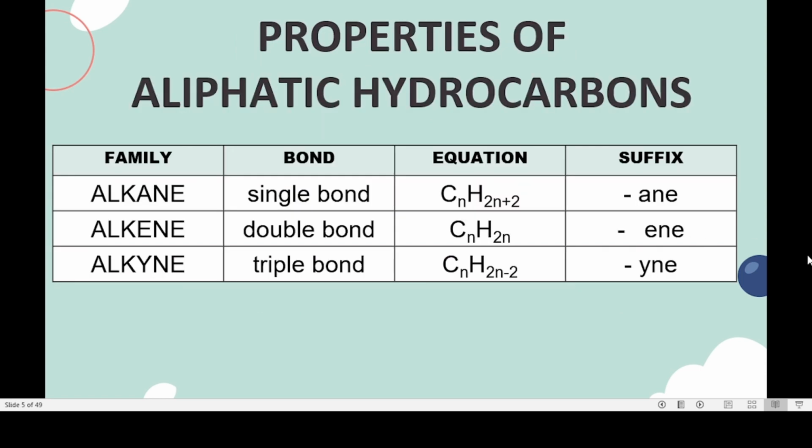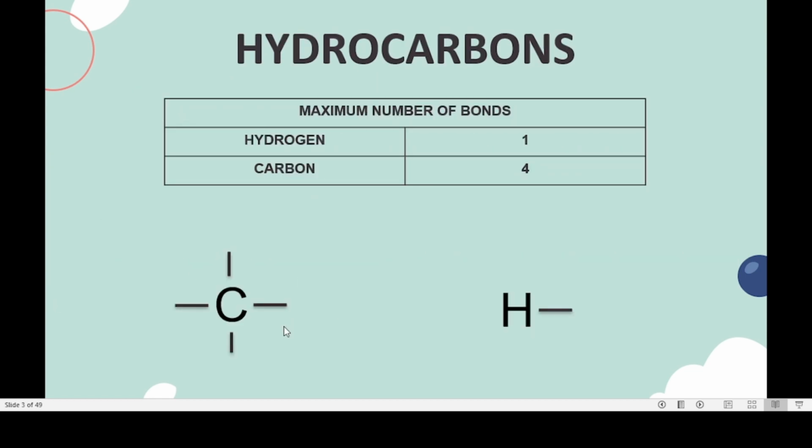The properties of hydrocarbons, specifically in aliphatic hydrocarbons, are these. For alkane, it has a single bond. So if you're going to write a Lewis structure, you must have a single bond like this one.